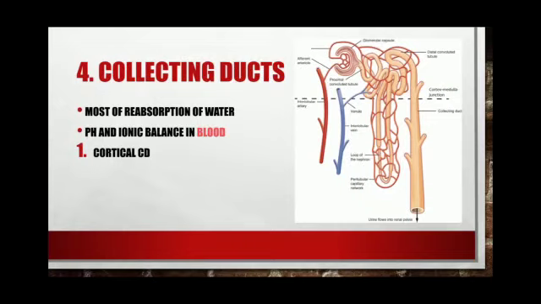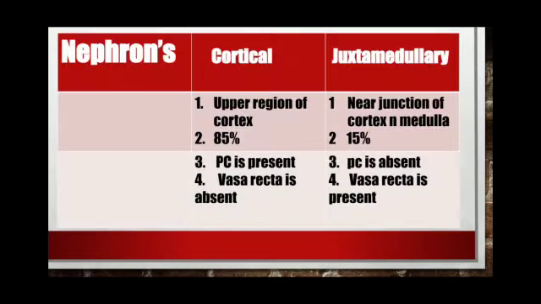We can divide these collecting ducts into three regions: the cortical collecting ducts, outer medullary collecting ducts, and inner medullary collecting ducts. There are two types of nephrons, the cortical nephrons and juxtamedullary nephrons. It is important to know the differences between these two, and sometimes this can be asked in your examinations, so just have a glance.